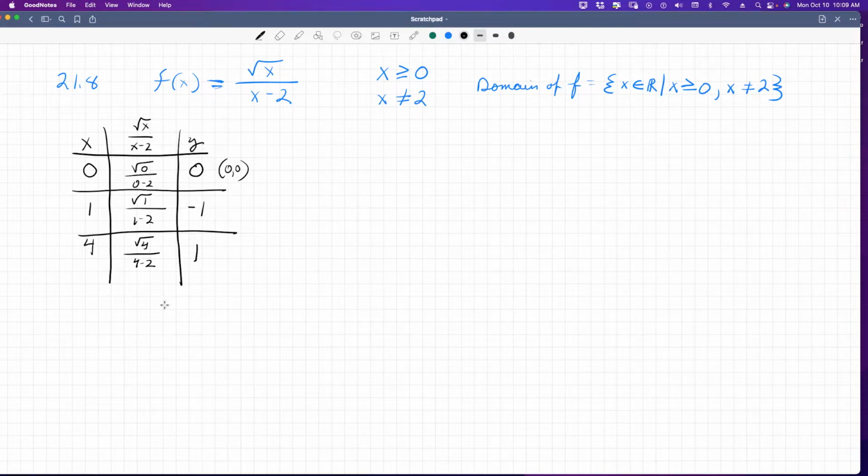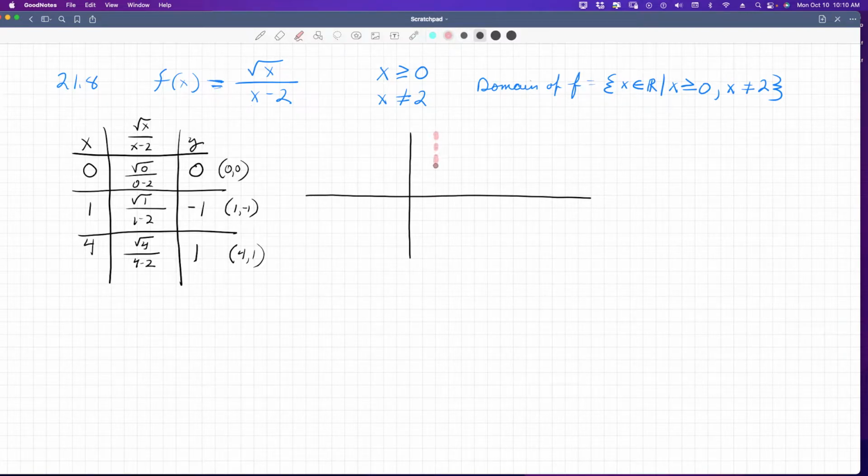Okay, I know what you're thinking: how in the world can we go from 0, 0 to 1, -1 to 4, positive 1? How does that line up? It does not, and I will show you why. Let's graph it. So we know that x cannot be 2, so that is off limits.